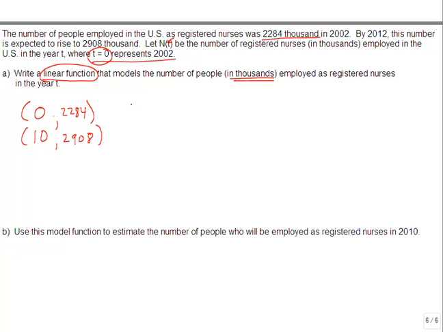So first thing we have to do, always the most important thing about a line, is its slope. So let's find its slope first by doing y2 minus y1 over x2 minus x1. So this is going to be 2908 minus 2284 all over 10 minus 0.